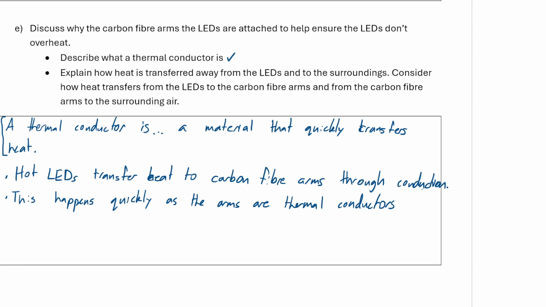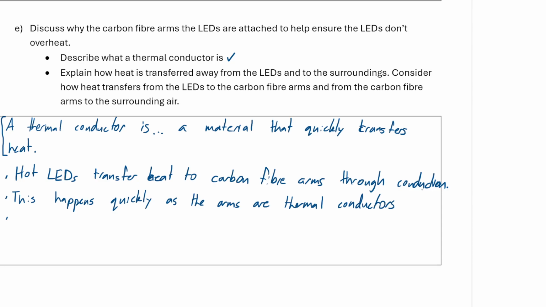Okay, but now the arms are hot, so what happens next? Well, I mean, it's a drone, and it's in the air. So the heat will transfer from the carbon fiber to the air just surrounding it, right? The layer of air touching it. And of course that air gets blown away, so it's constantly renewed with less hot air.